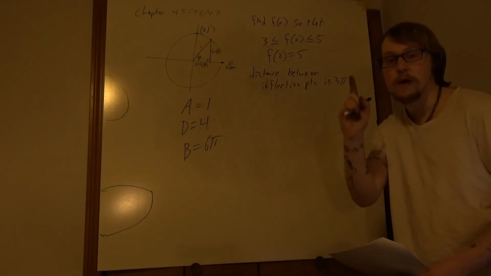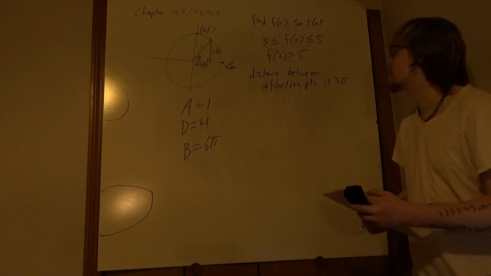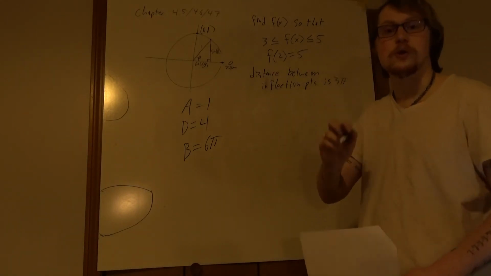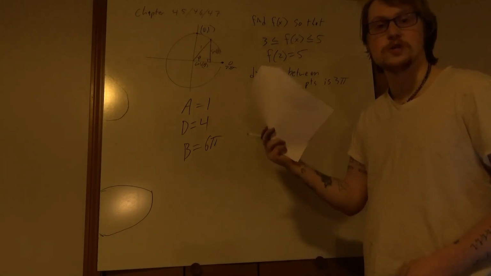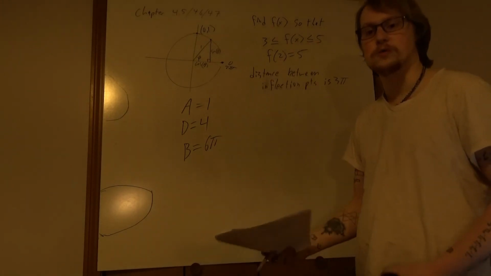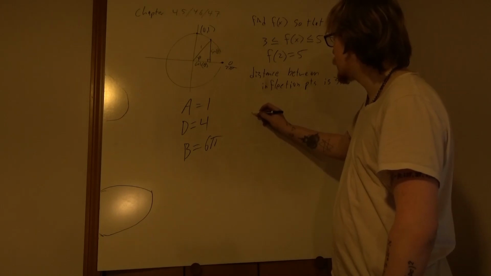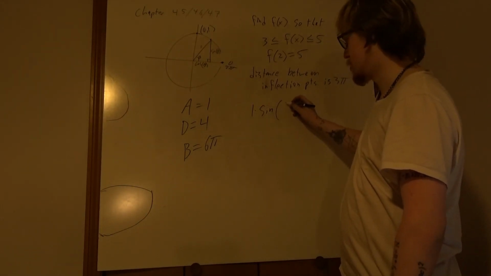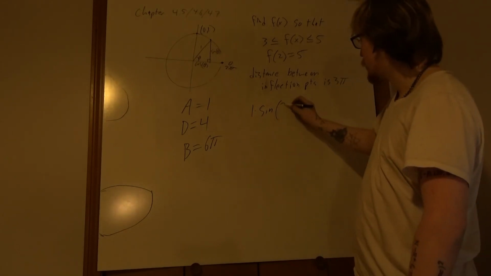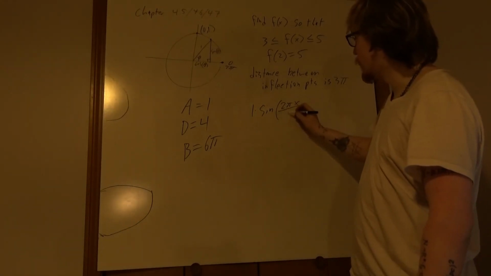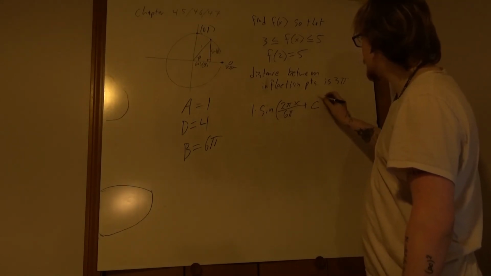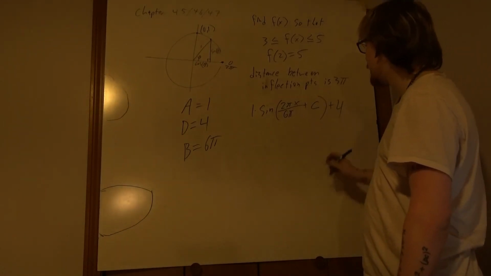We only have one parameter left, but now we have to be kind of careful. If we put all of this together, we have 2 choices. We could either build this function using sine or using cosine. If we choose sine, then we have 1 times sine of 2 pi x over 6 pi, plus c, plus 4, right?